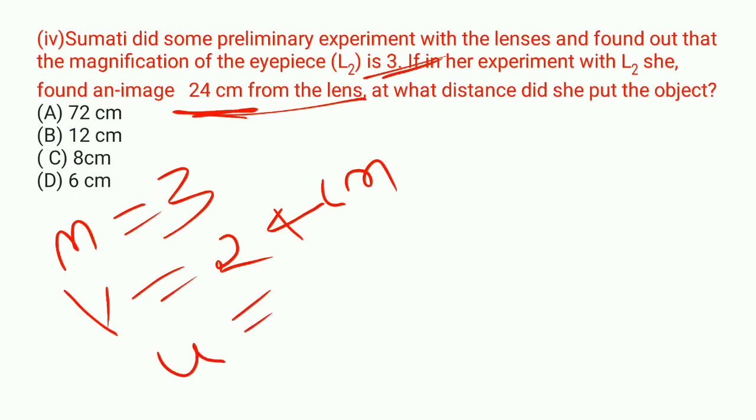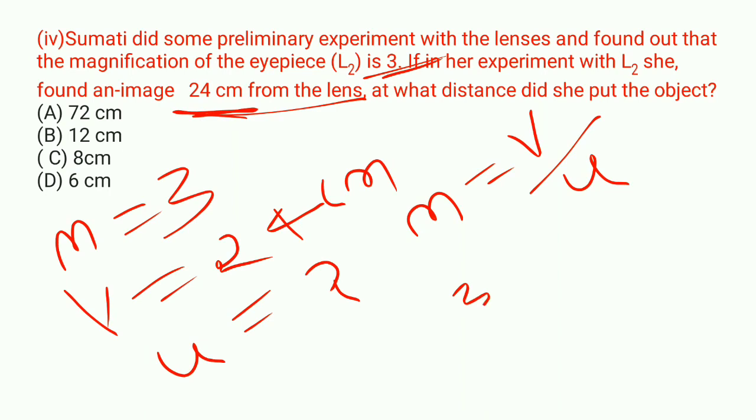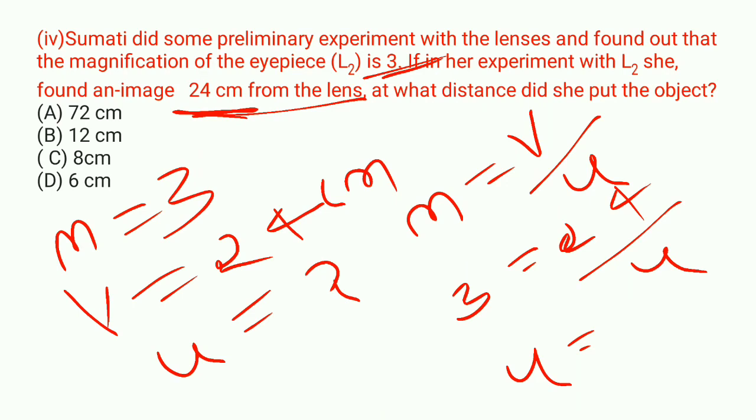So we have to calculate U. We know the formula, M is equal to V by U. M they have given as 3, V they have given as 24, and U we have to calculate. Simplify this, and you will get U is equal to 8 centimeter. So option C is the correct answer.